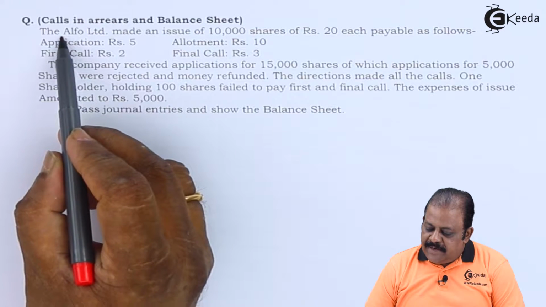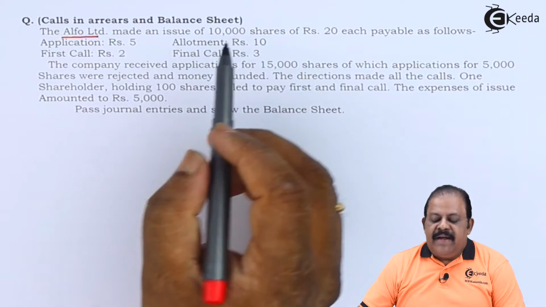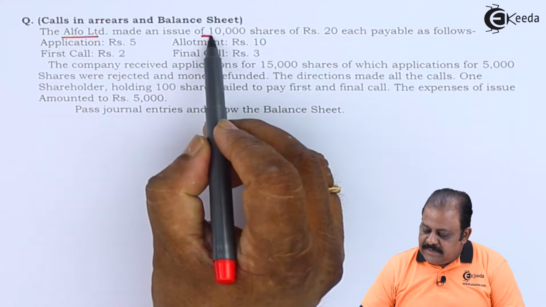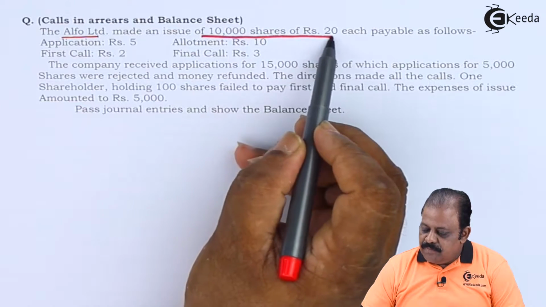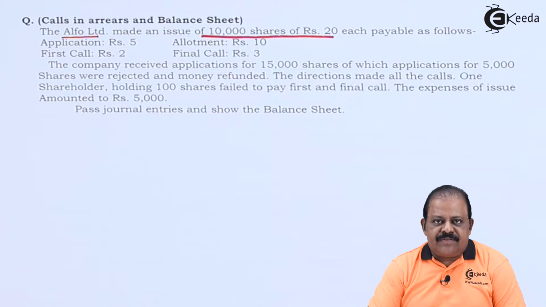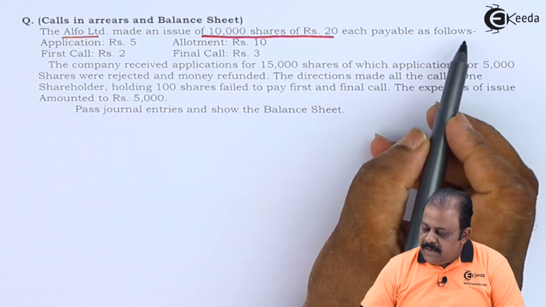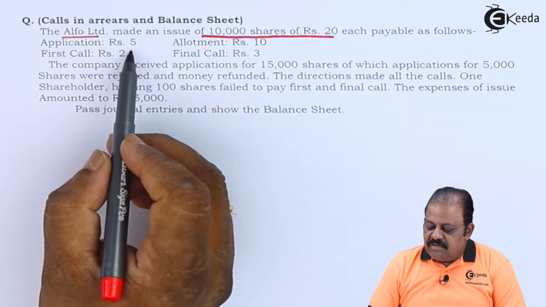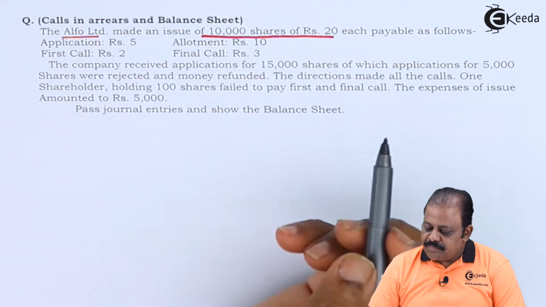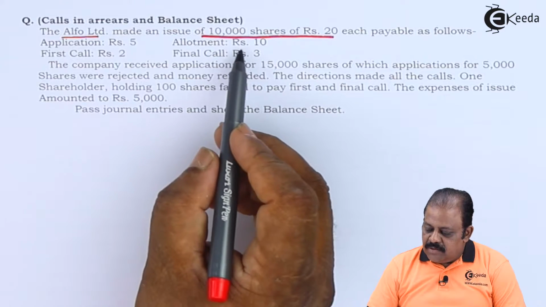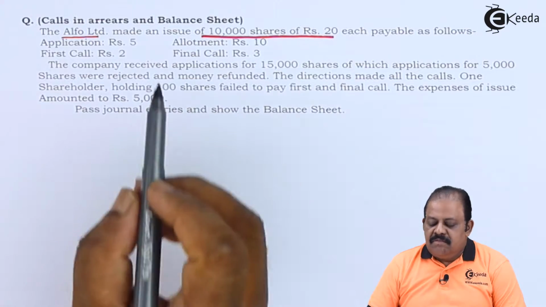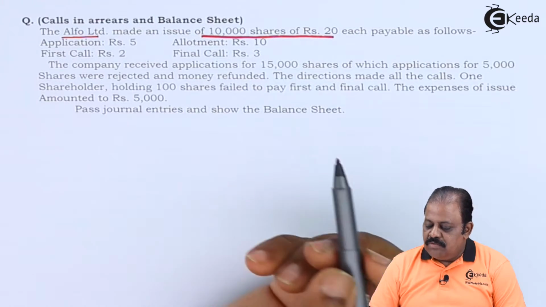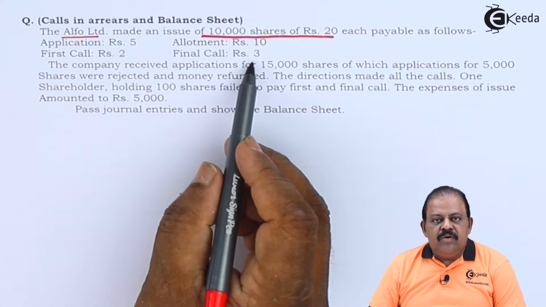The Alpho Limited made an issue of 10,000 shares of rupees 20 each, payable as follows: on application rupees 5, allotment rupees 10, first call rupees 2, final call rupees 3.